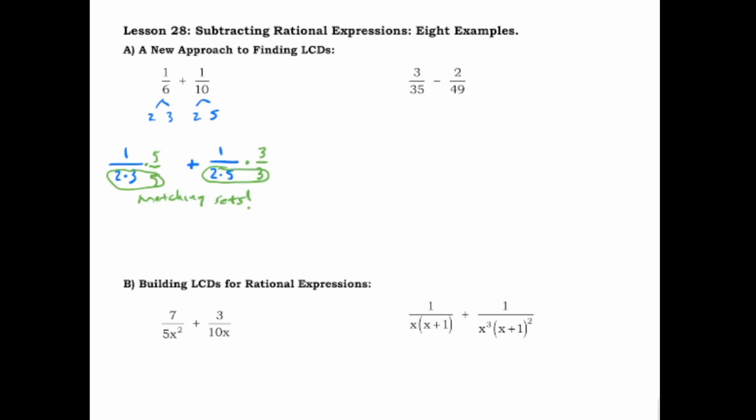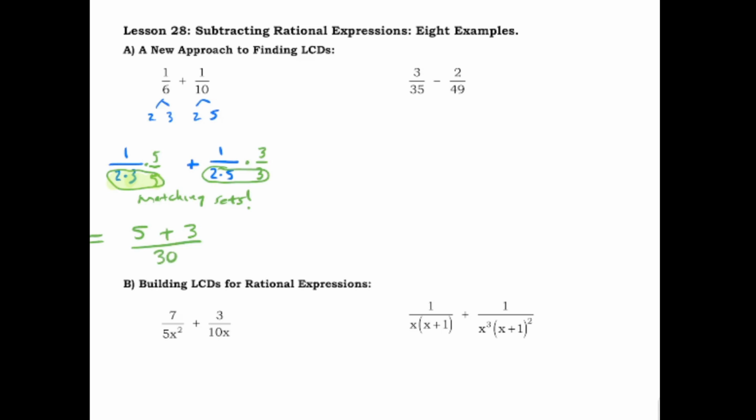So what we got then is over here 1 times 5 is just 5, plus, and over here 1 times 3 is just 3. This is all over the same denominator, right? So I might as well put it together now and say, what is 2 times 3 is 6, 6 times 5, that's a 30 on the bottom.